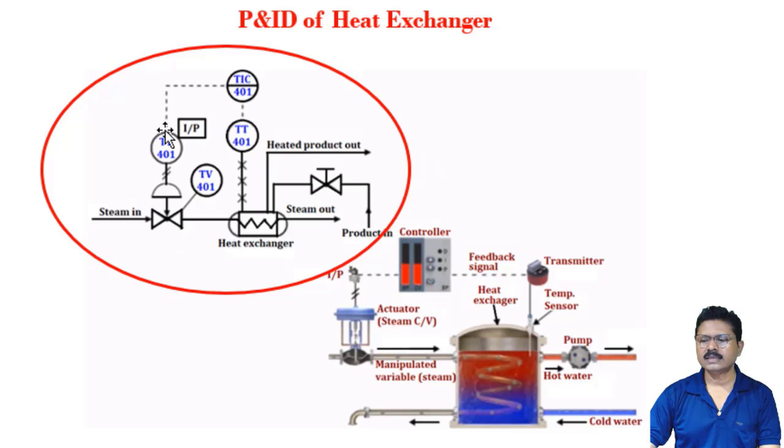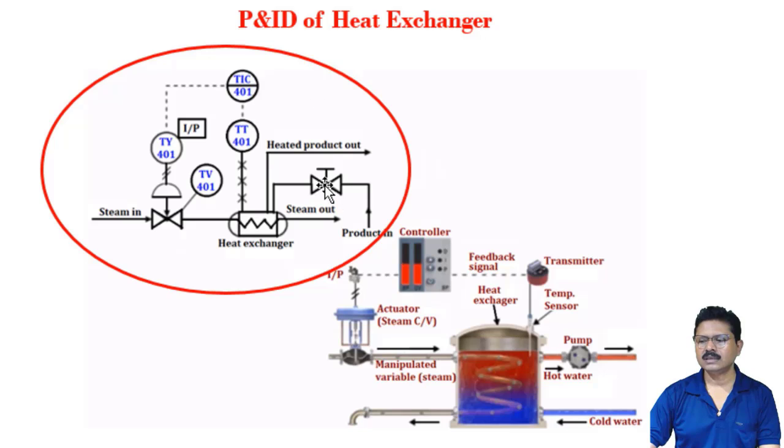This electrical signal goes to a converter. TY401 is the converter, in this case an I2P converter. This converts the electrical signal into a pneumatic signal. This signal ultimately operates this control valve, which controls the flow of the steam line. So this is the diagram.